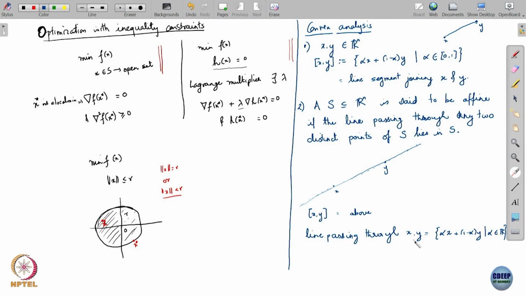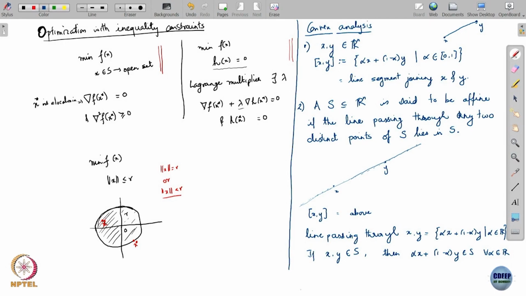Which means that if x and y belong to S, then alpha x plus 1 minus alpha y belongs to S for all alpha. This is what it means for S to be an affine set.